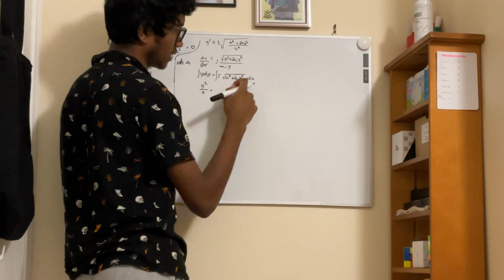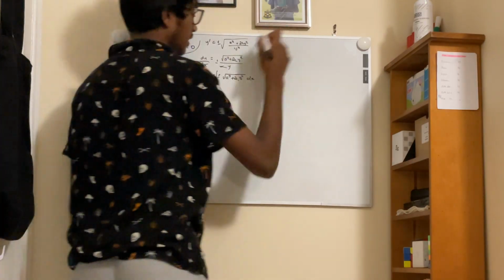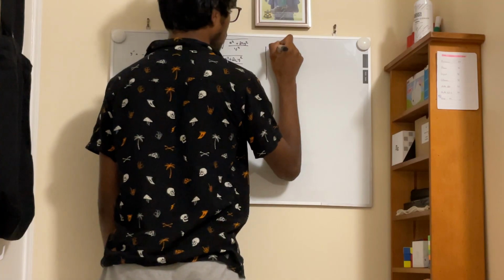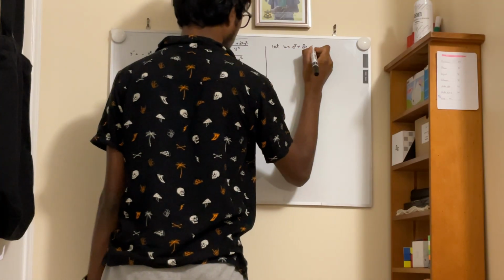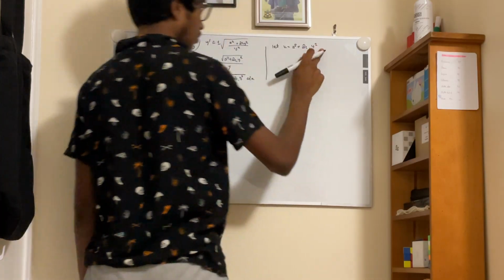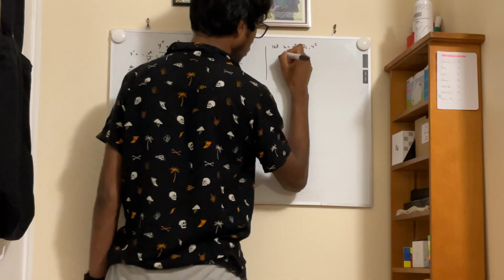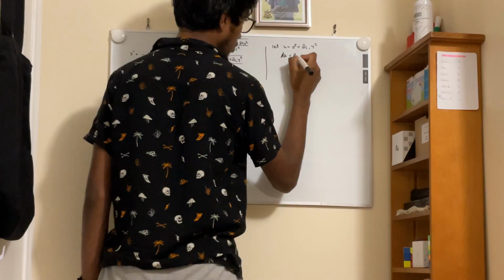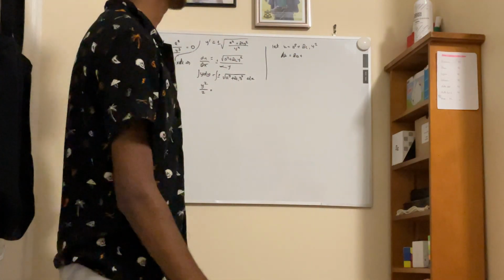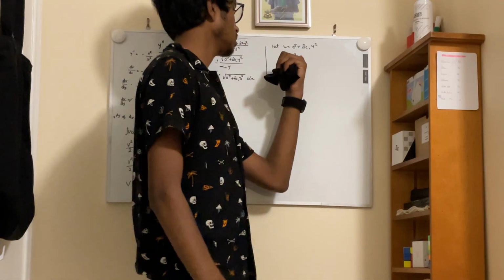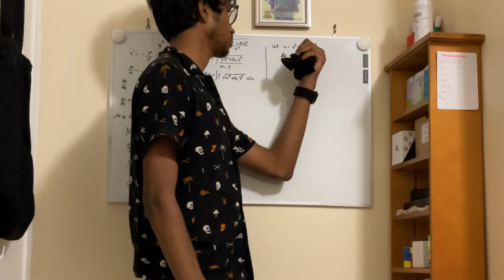And integrate this. We can let this equal u. Right, so then du is equal to 2a plus, well, that's a 2.